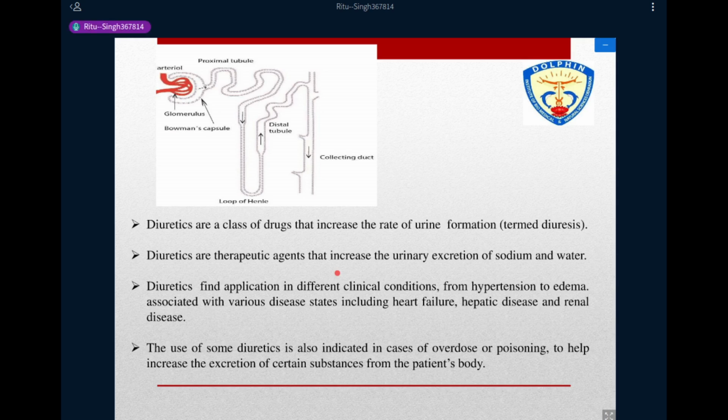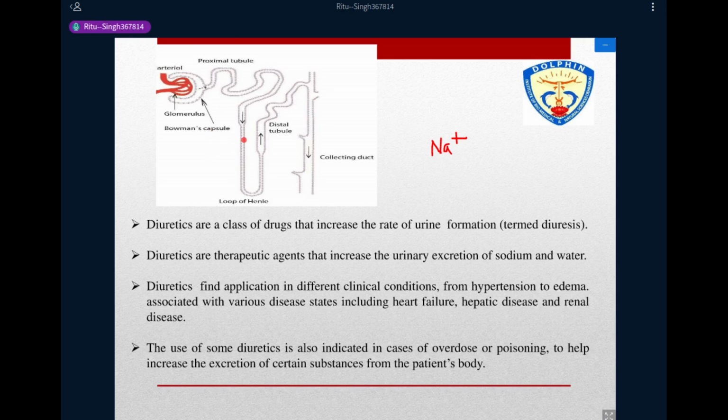They act by decreasing sodium reabsorption at different sites in the nephron. Nephron is the structural and functional unit of the kidney. So diuretics act on the kidney.